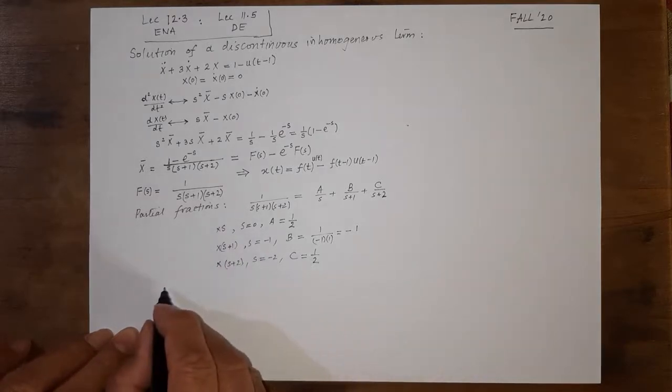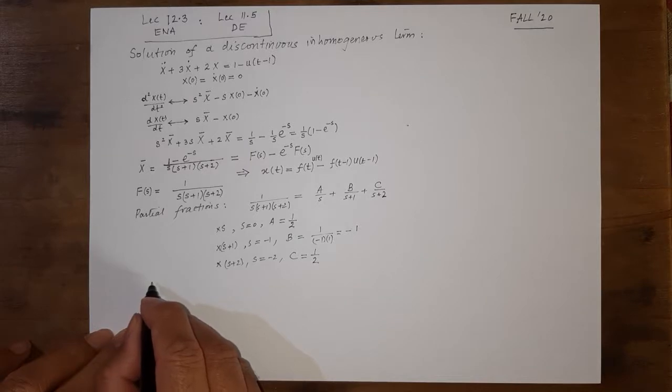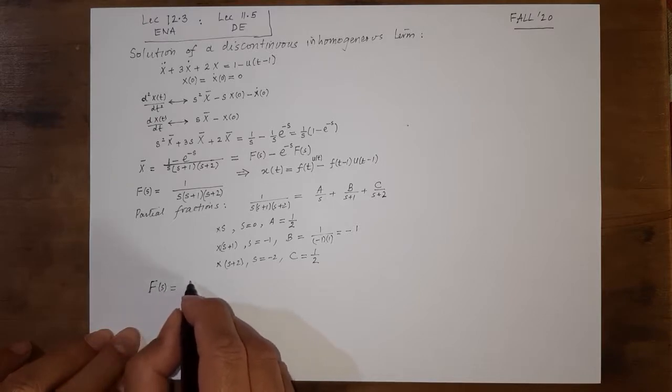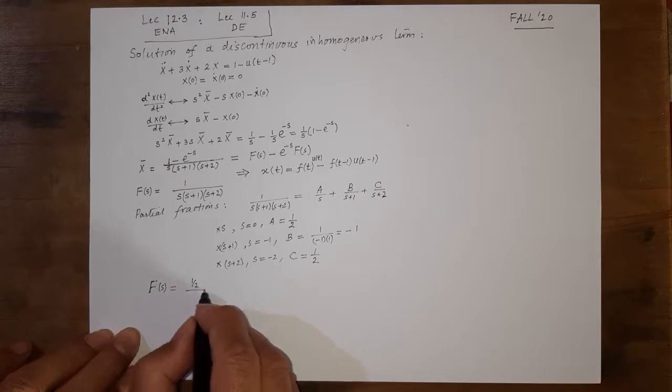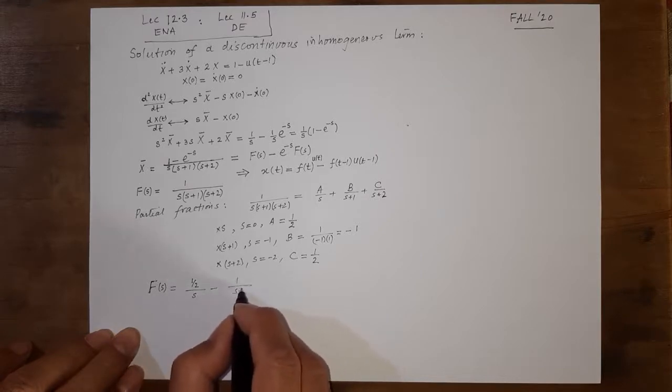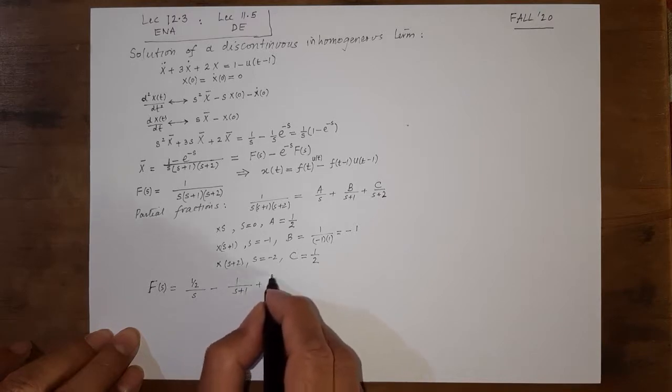So what do we get here? F of t, or let me not skip a step. This F of s here can be written as 1 by 2 over s minus 1 over s plus 1 plus 1 by 2 over s plus 2.